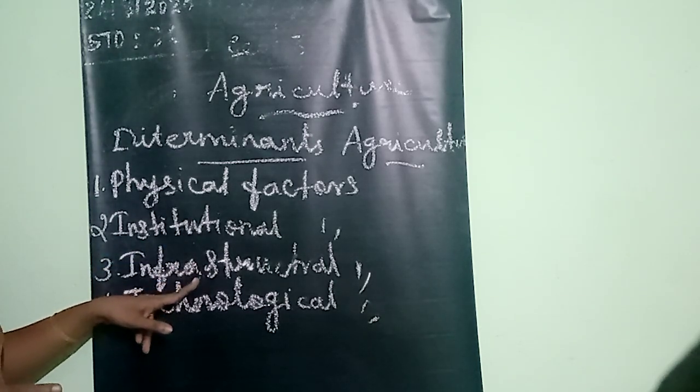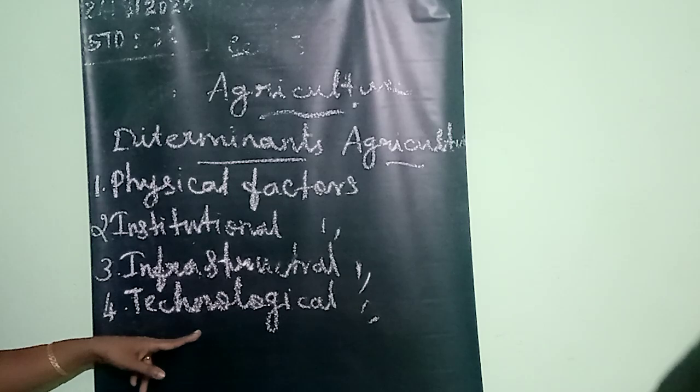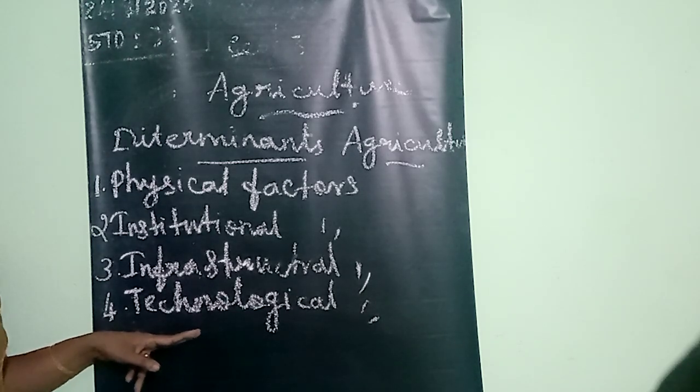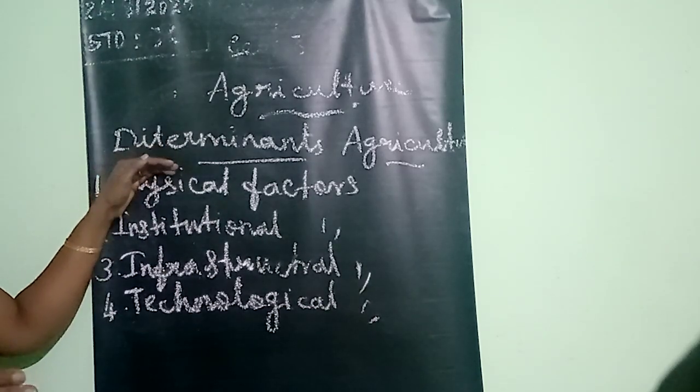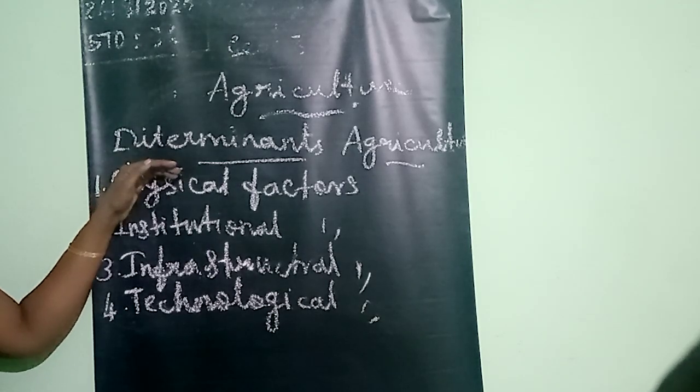Then infrastructural factors are transport, irrigation, market, insurance, storage facilities, etc. Then technological factors are high yielding varieties of seeds, chemical fertilizers, pesticides, some machines and using modern techniques. These are the determinants of agriculture.